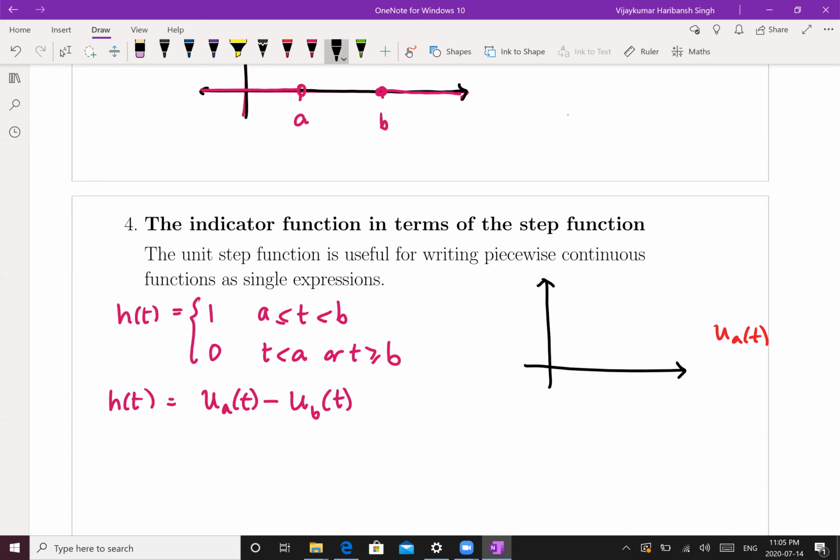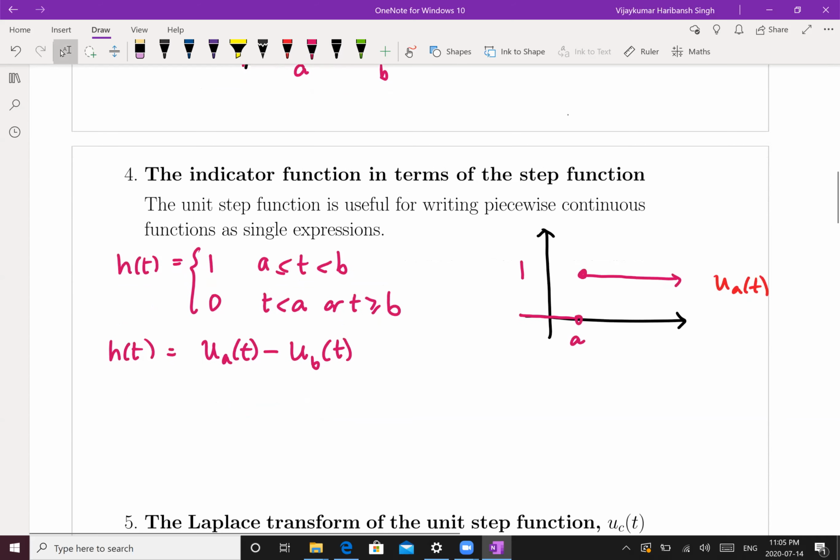If you look at this, the graph is constant 0 before a, and after a it is 1. Now let's look at u b.